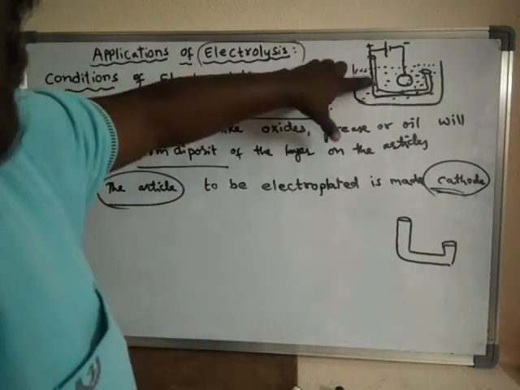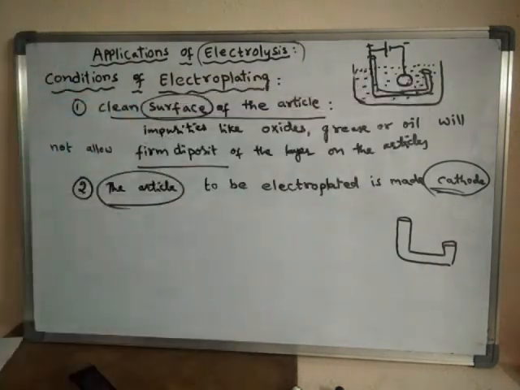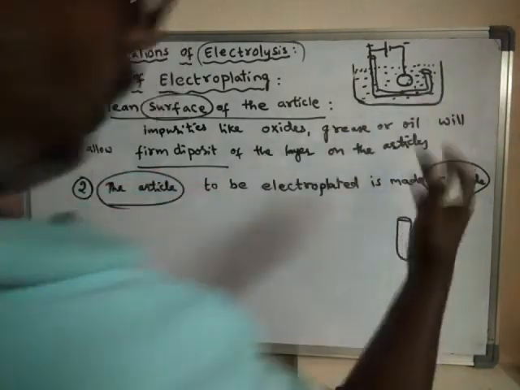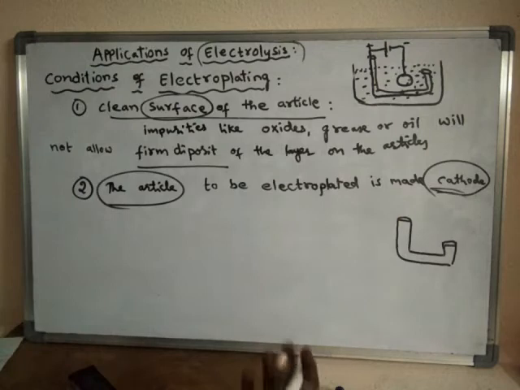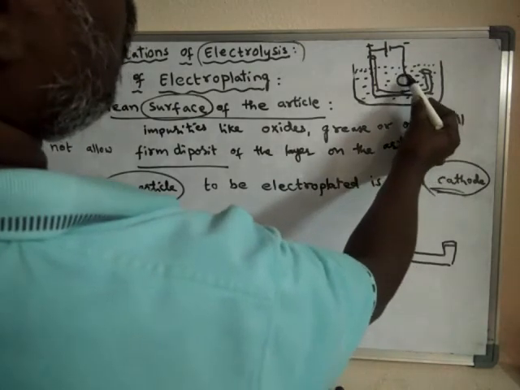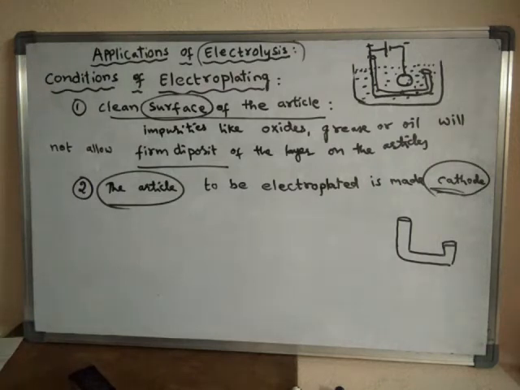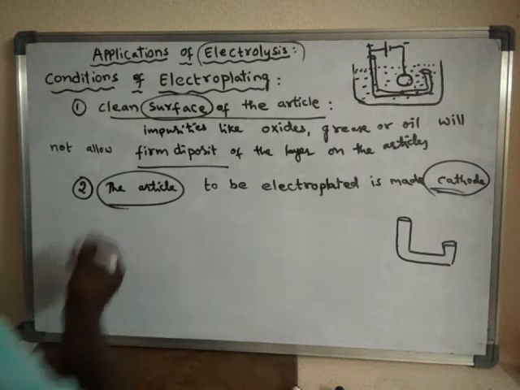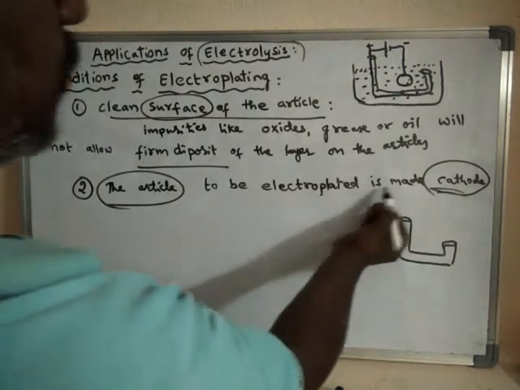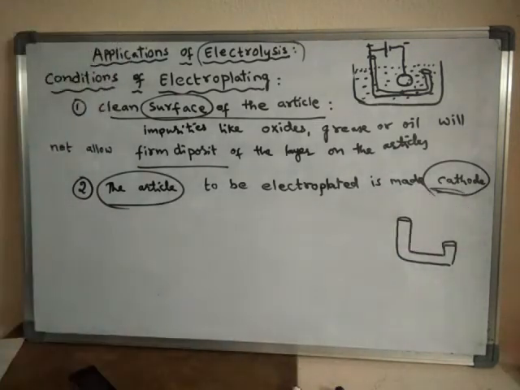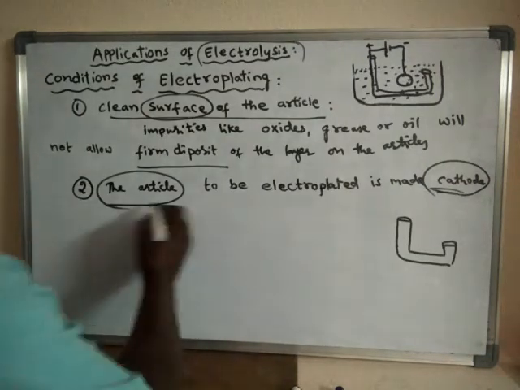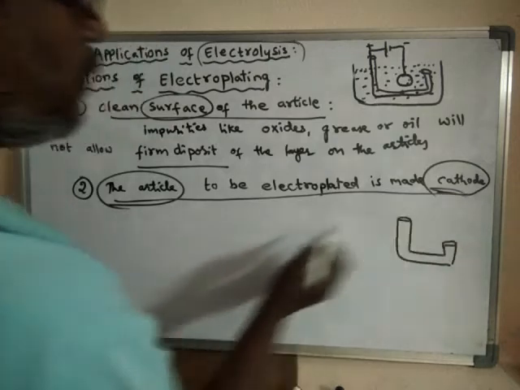Now this anode is made up of superior metal, and this cathode is made up of base metal. That means the second condition is that the article to be electroplated is made the cathode. So when is it made the cathode?